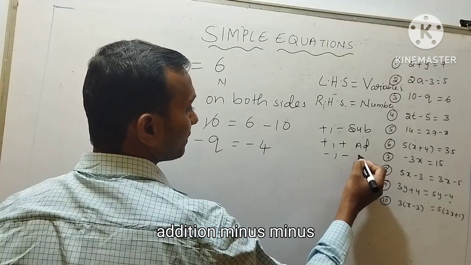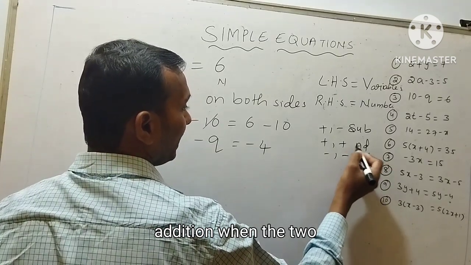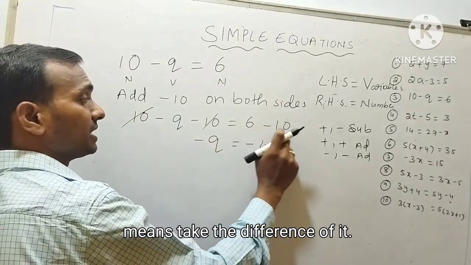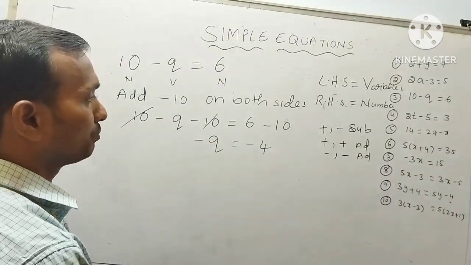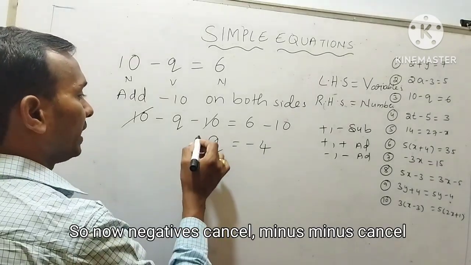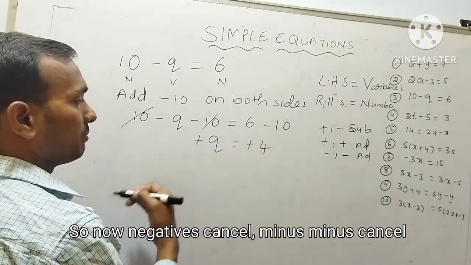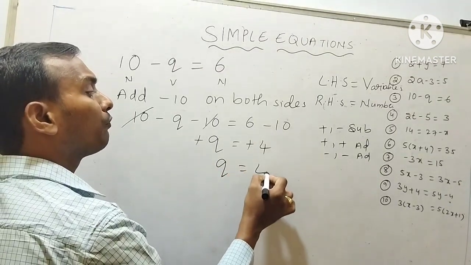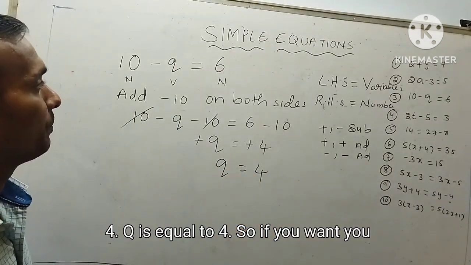Minus minus, addition. When the two numbers have different signs, take the difference. When both have the same sign, do the addition. Now the negatives, minus minus, cancel on both sides. The final answer: q is equal to 4.